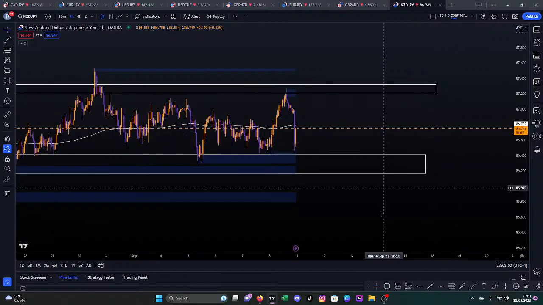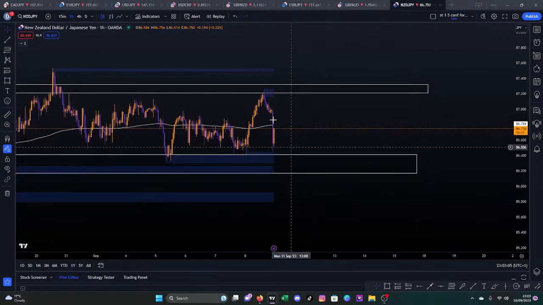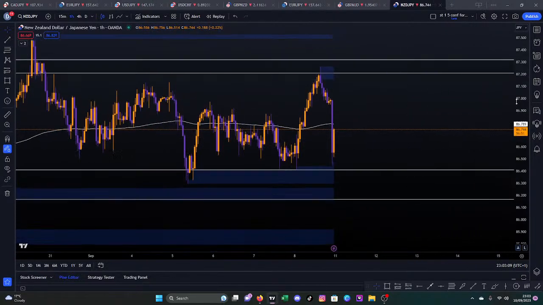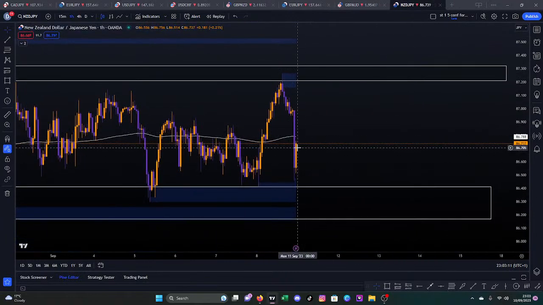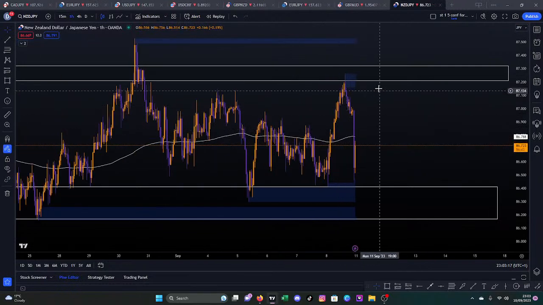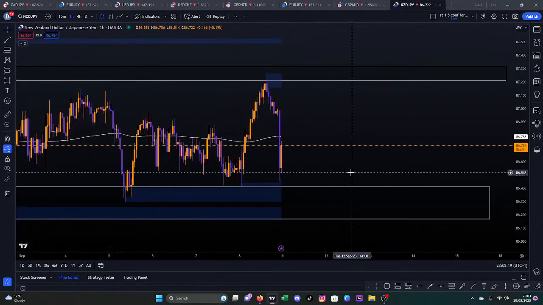That's the zone I'd be looking for it to react. We can see that's exactly what it's doing, it's reacting to it. Quite a big spike, both of them. Quite a good spike.